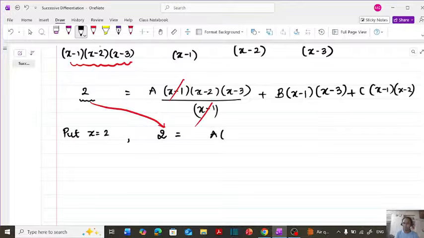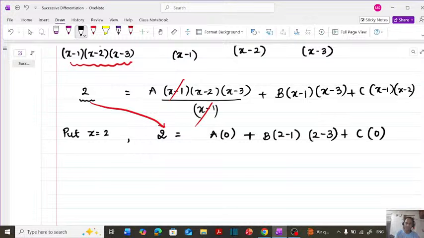When you put x equal to 2, what value are you getting for b? b times (2 minus 1)(2 minus 3), plus the c term also becomes zero. So here 2 minus 1 is 1 and 2 minus 3 is minus 1, so 2 equals minus b, so b is equal to minus 2.